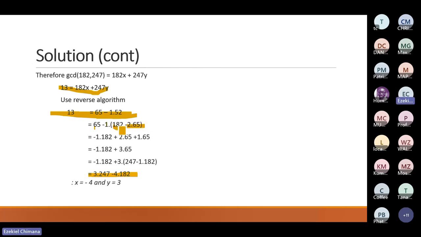So from here, I'm sure you can simplify this one by multiplying everything inside by minus 1. So it will become minus 1 times 182. That's what we have here. And then this one becomes a plus, minus 1 times minus 2, it will become positive 2 times 65.